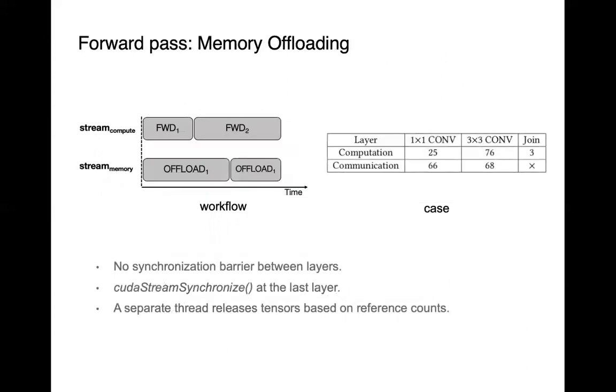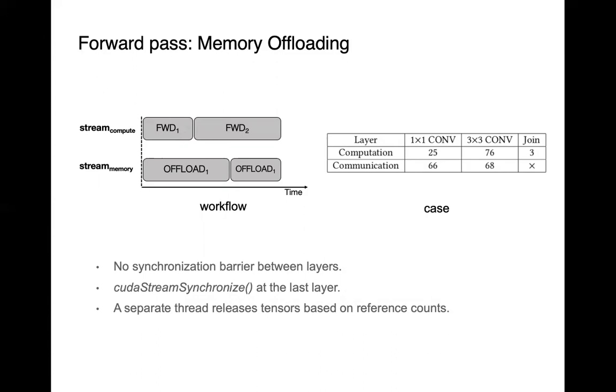Because the input features for pooling and activation layers are read-only data structures, we can start the offload operation for these layers when they are being propagated. As for the computation stream, the next layer's computation can be started as long as the previous one is completed, without waiting for the completion of the offloading operation for the previous layer.